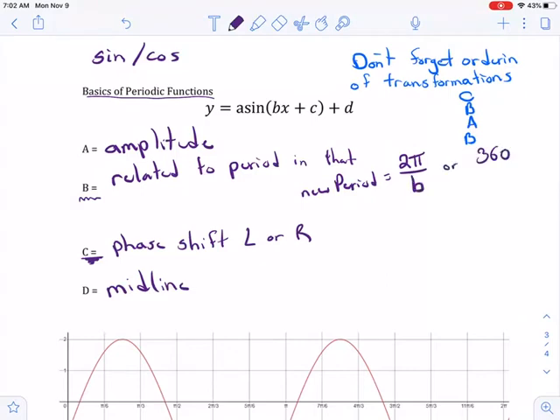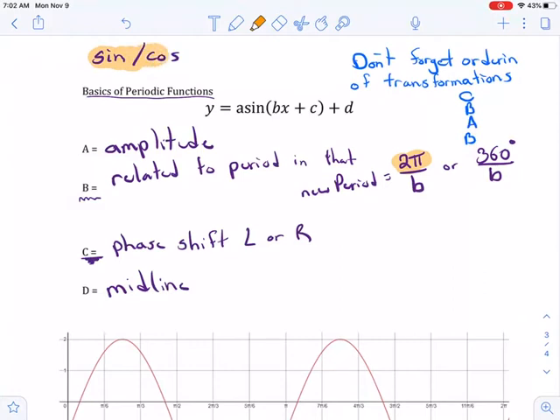Or if we're talking about being in degrees, then it's 360 degrees divided by that b value. And it's important to realize that this 2 pi is solely because we're talking about sine and cosine, right?